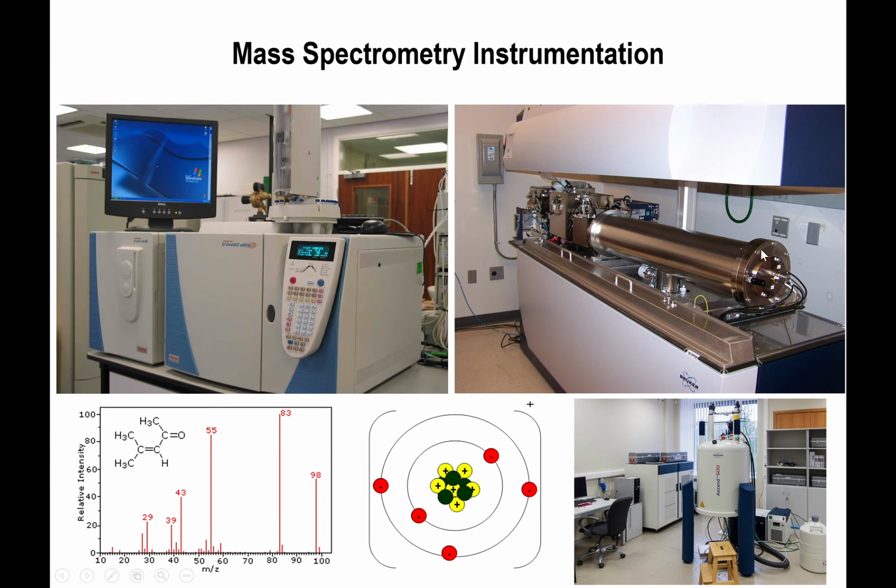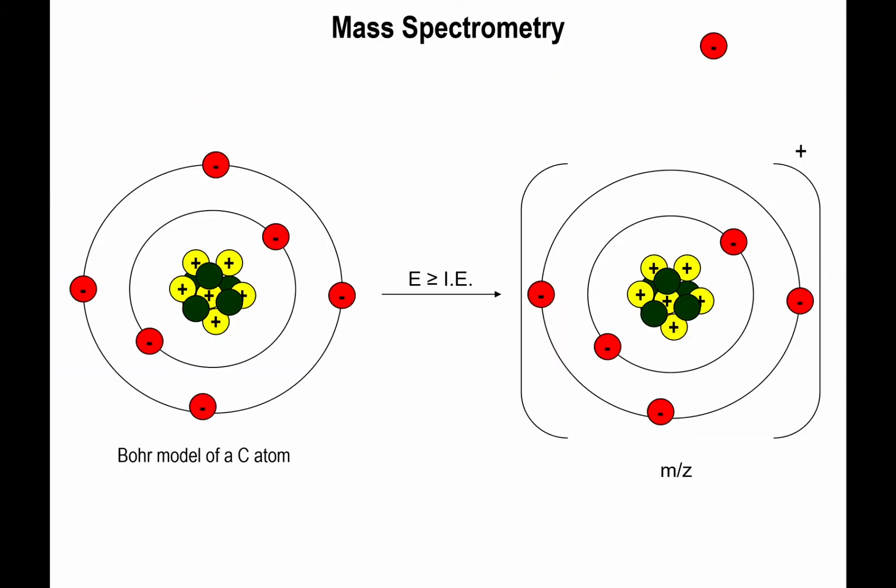But the machines shown up here are basically used to determine the masses of the elements or molecules you may have. And it does it by a very simple approach. Namely speaking, it removes electrons or adds electrons depending on the instrument you're using. But we'll stick with the conventional feature, which is to remove electrons.